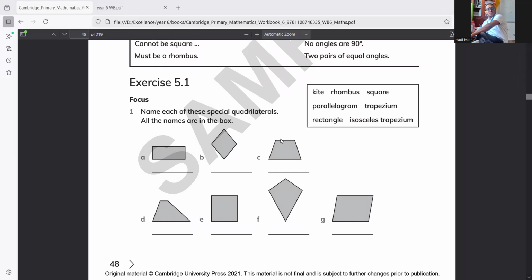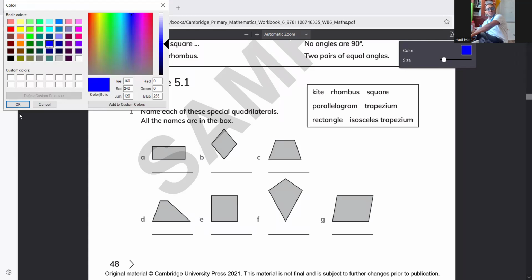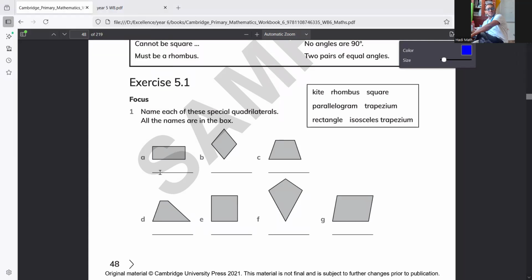This is exercise 5.1. Name each of these special quadrilaterals. All the names are in the box here, so all you need to do is go on and name them. A is a rectangle.